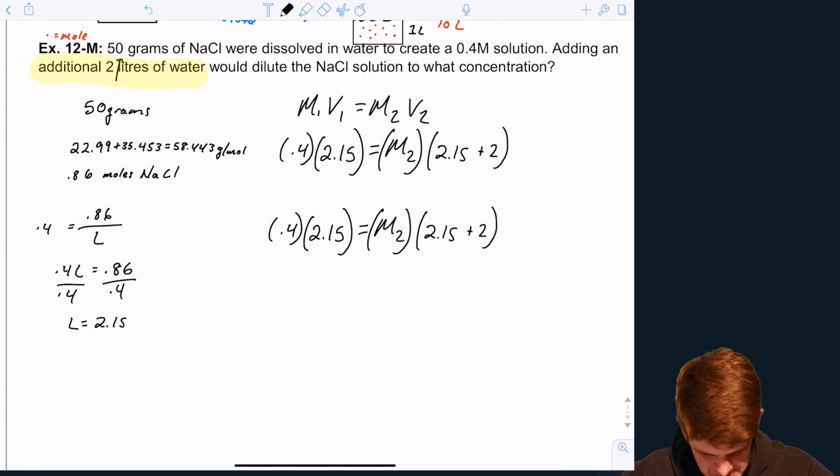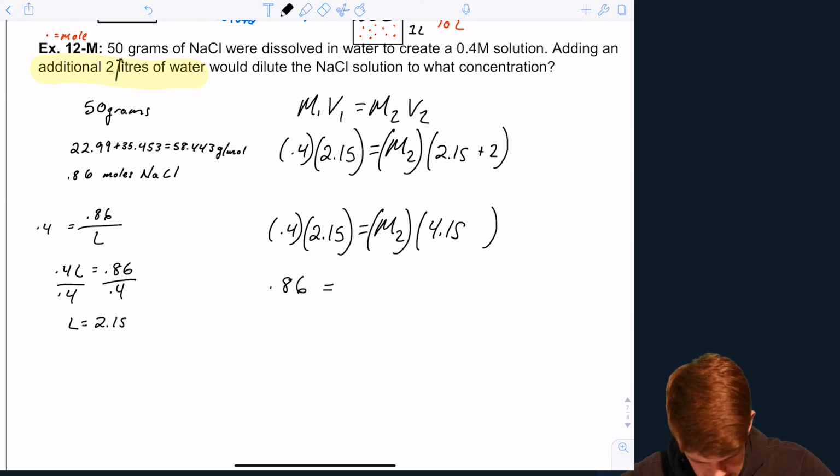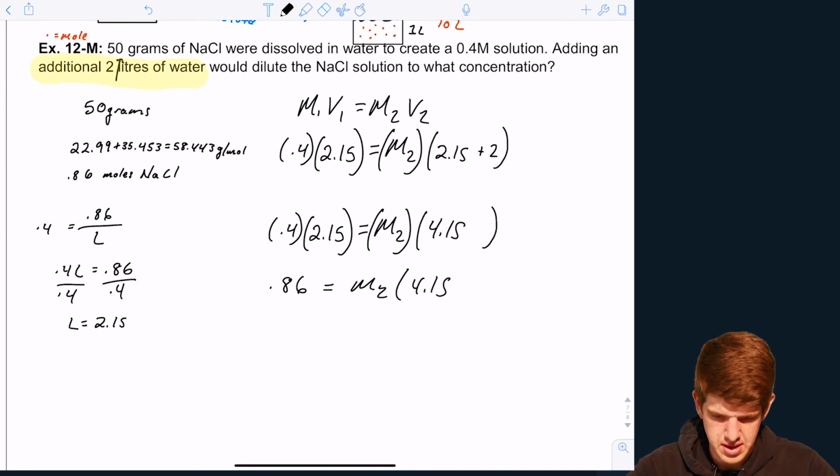This will just be 4.15. And over here, we have 0.86 equal to M2 times 4.15.